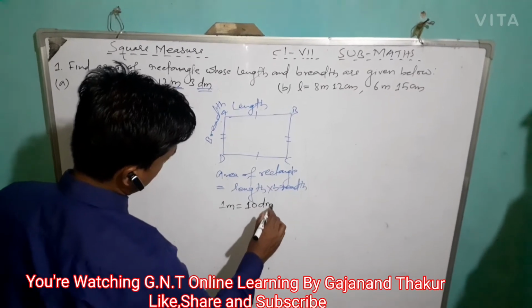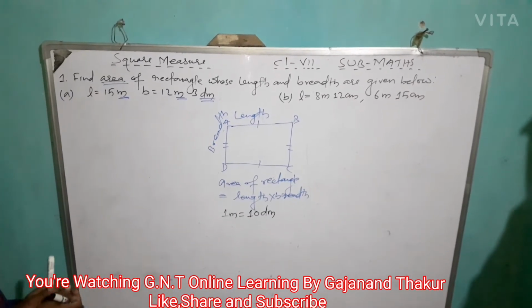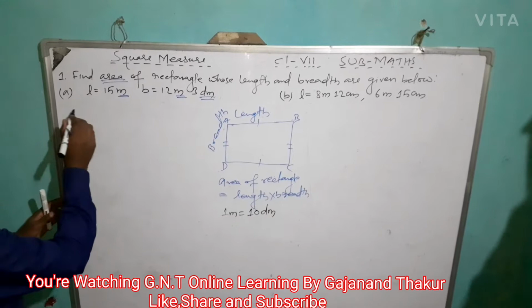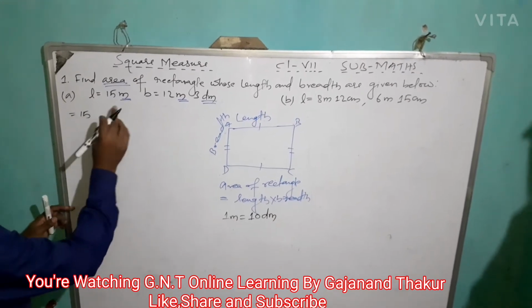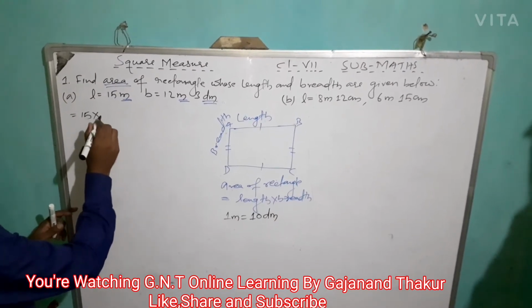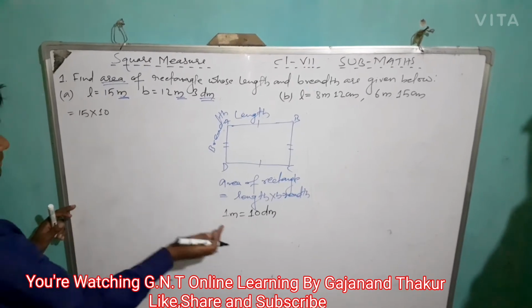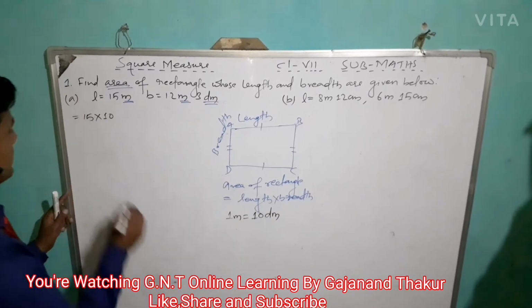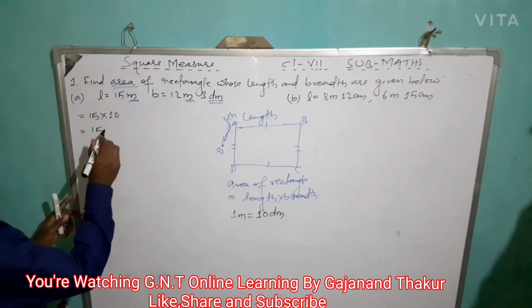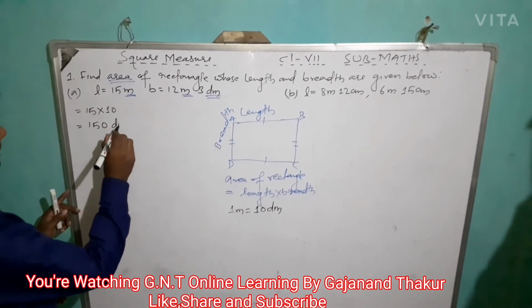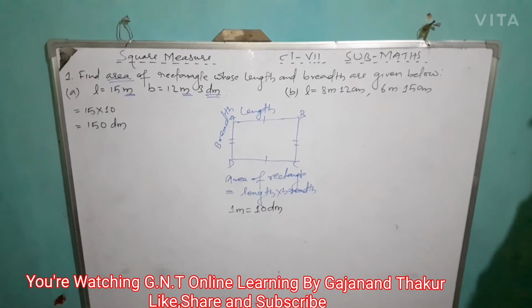So we have 15 meter, and I'll convert it into decimeter by multiplying by 10. Why 10? Because 1 meter equals 10 decimeter. So we get 150 decimeter.